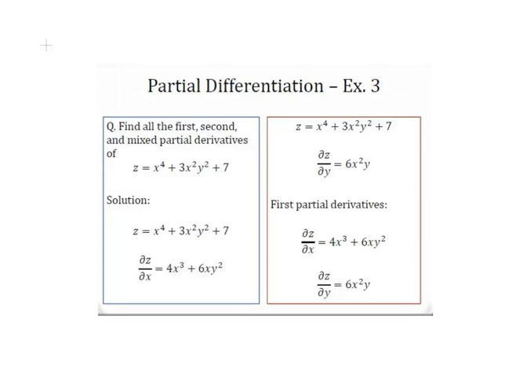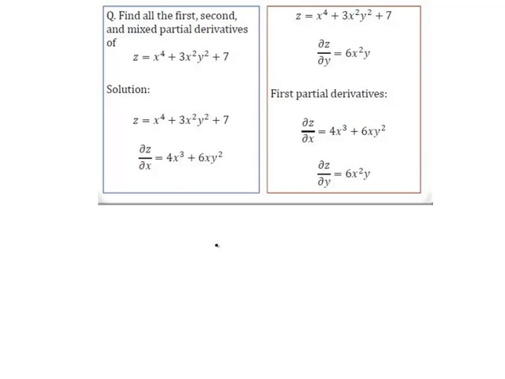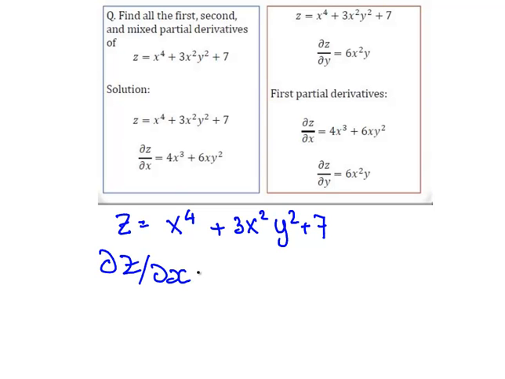So find all of the first, second and mixed partial derivatives of this term here. z equals x to the 4 plus 3x squared y squared plus 7. Okay, so let's go at this. dz dx equals the derivative of x to the power 4, so that is 4x cubed.